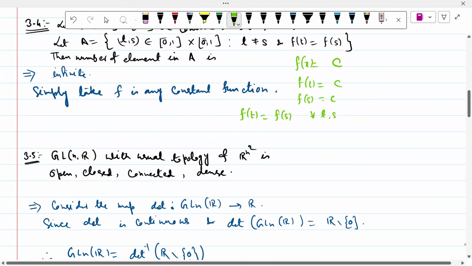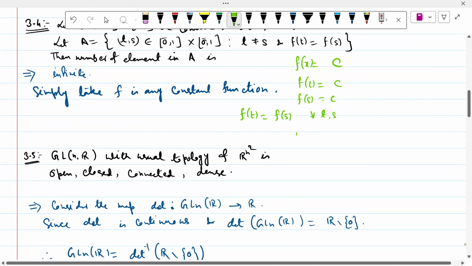Fifth question: GL_n(R) with the usual topology of R^(n squared) is what? Open, closed, connected, dense. GL_n(R) with the usual topology, we can think of any matrix as a topological subspace of R^(n squared). You just write them component-wise.